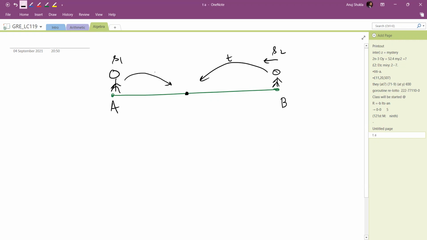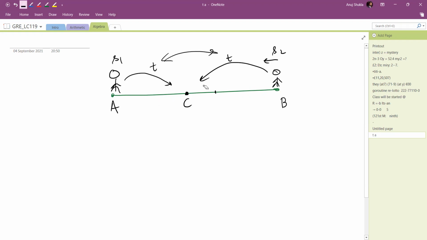This person will take time t, and this person also will take time t, and only then will they be able to meet at point C. If you change this time t, what will happen? Maybe this person will reach only till here, and this person only till here. Or this person would have crossed C and reached here, and this person would have reached here. They will never meet. So time has to be the same. Then only you can say that they are meeting.